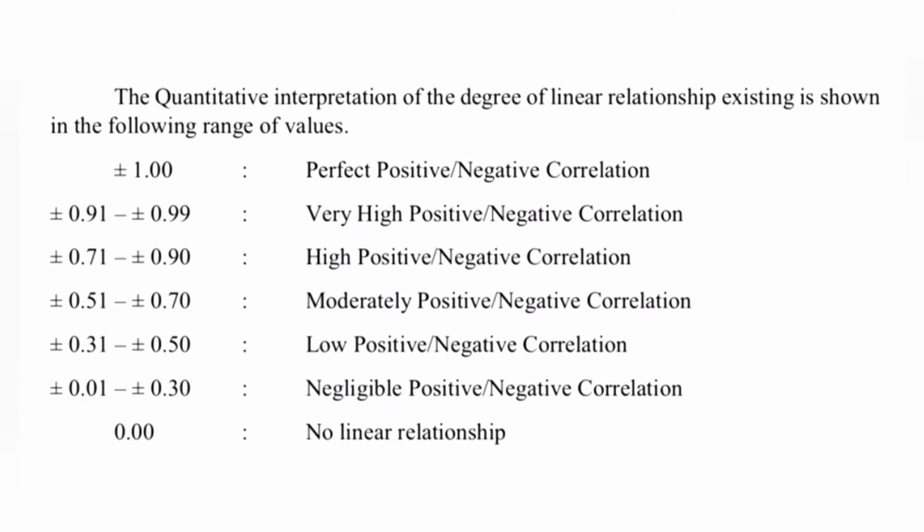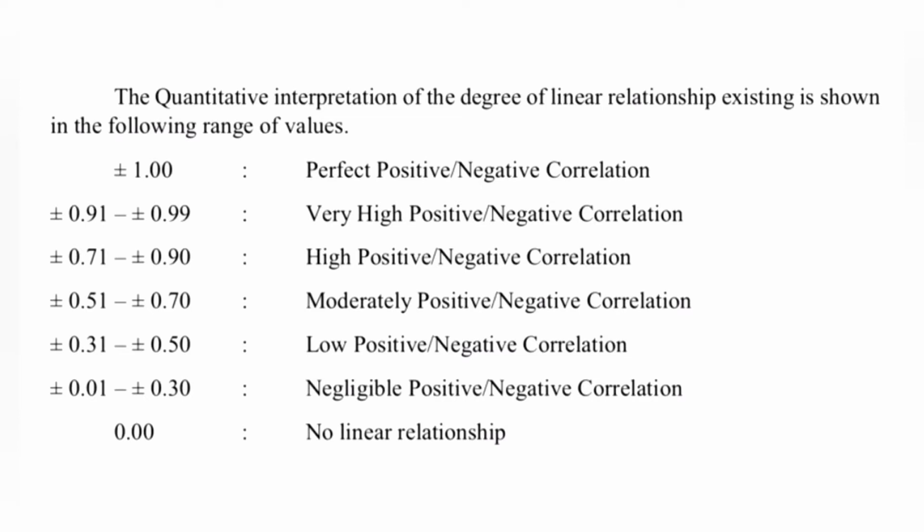So, para ma-interpret natin yung ating magiging computed value ng Spearman, we have this quantitative interpretation of the degree of linear relationship existing, shown in the following range of values.